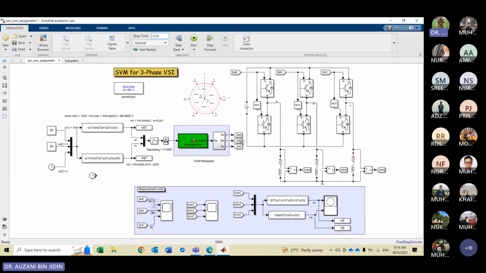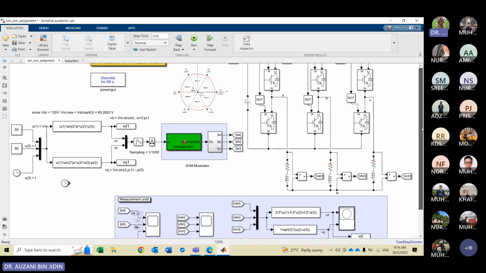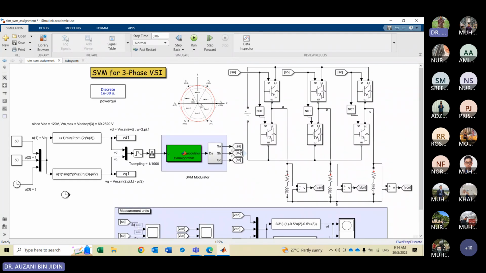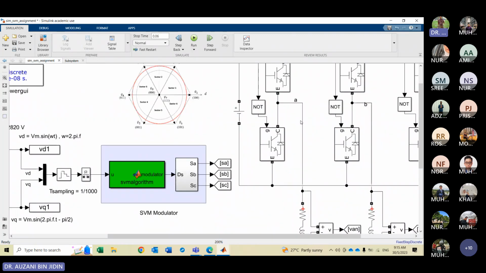Okay, so make sure that the switching status SA, SB, SC are already connected to their respective gate terminals of the IGBTs. So SA for the top switch of phase A, SB top switch for phase B, SC top switch for phase C. Then for the bottom switches, you need to apply the NOT gate here to invert the signal, because this is 3 conduction mode where the switching operation is complementary.